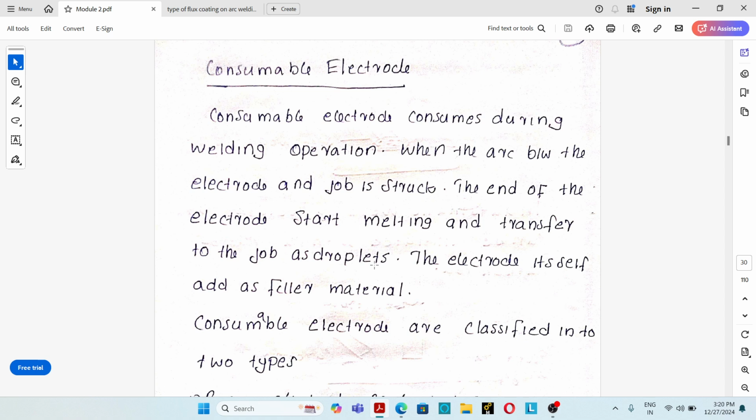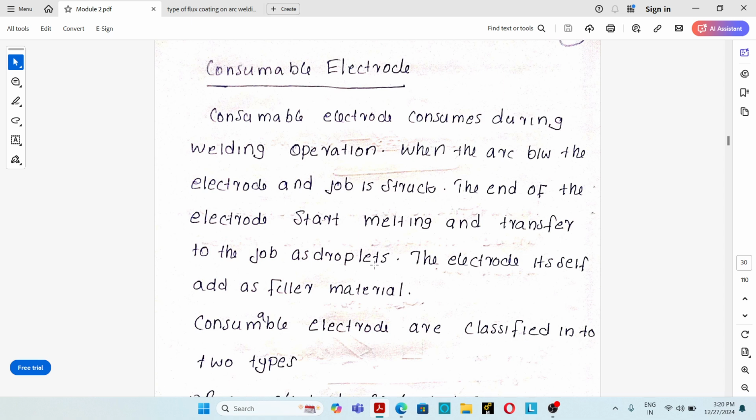So this type of electrode itself acts as a filler material. No additional filler material is required. In a non-consumable electrode, additional filler material should be added separately into the molten weld.